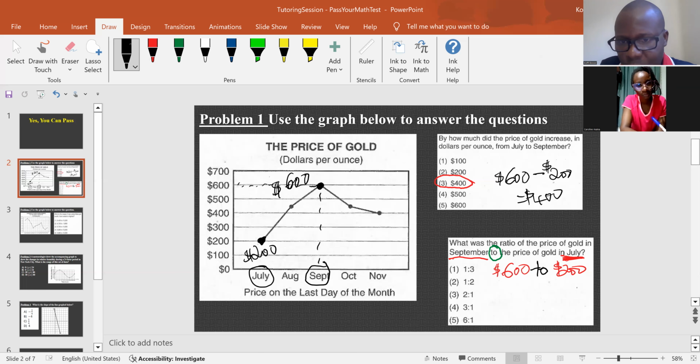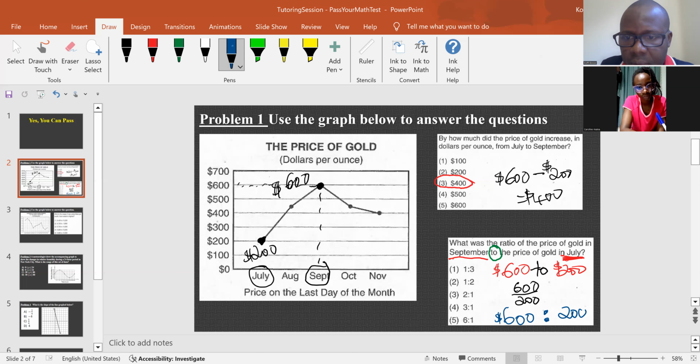We can write it as 600 to 200, or as 600 divided by 200, or with a colon, 600:200. For ratio, we use three different notations: "to" between the two numbers, a fraction with numerator divided by denominator, or a colon. They use the colon here, but the idea is that we are doing division.